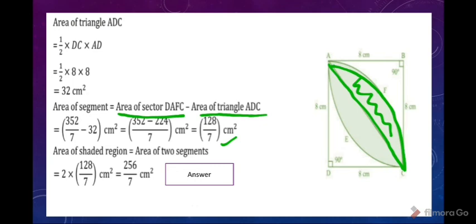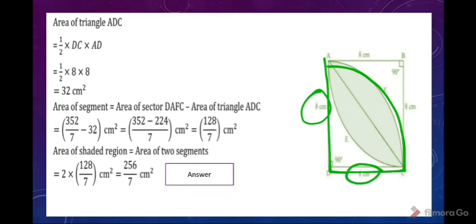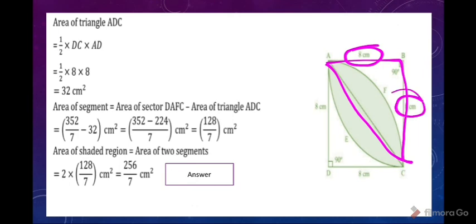Now look at here, this portion and this portion both are symmetric to each other, because when you are taking this one as the quadrant, the radius is 8 centimeter and 8 centimeter. Similarly, when you are considering this quadrant, the measurement is also the same, 8 centimeter and 8 centimeter.